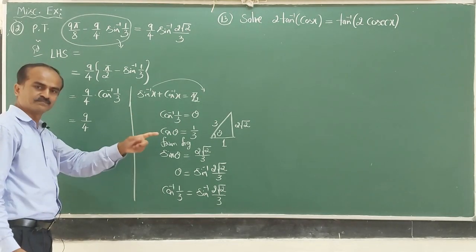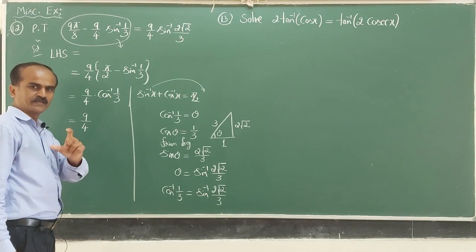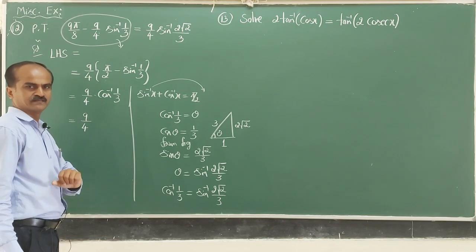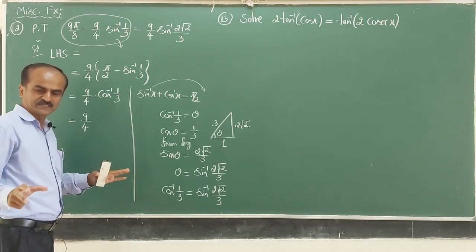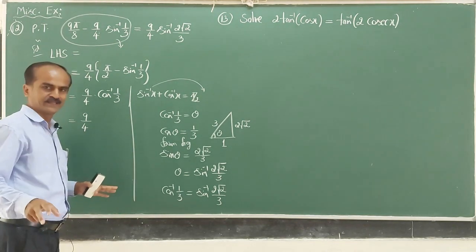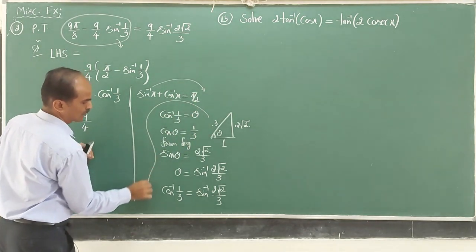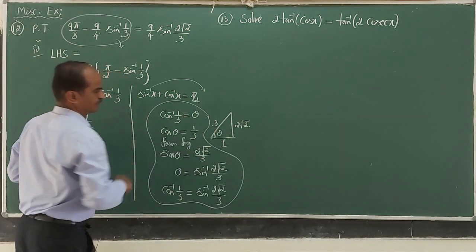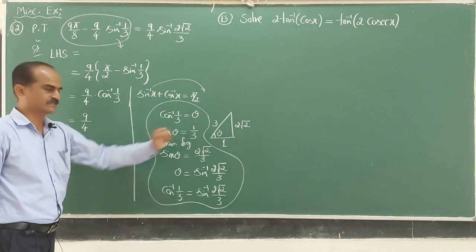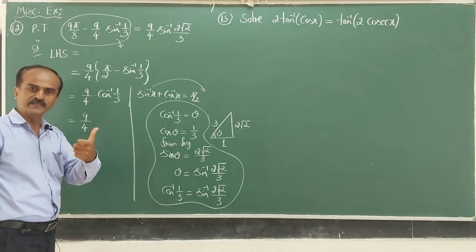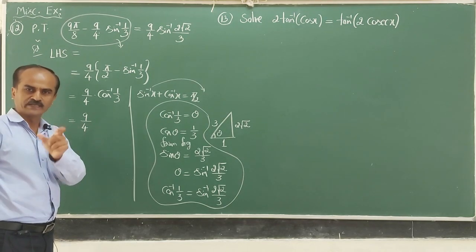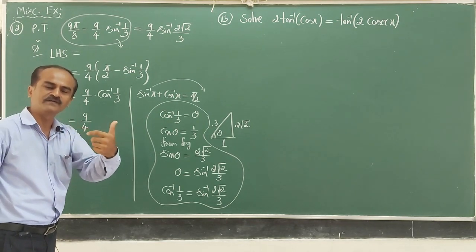This kind of example we already did, to write one inverse trigonometric function in terms of the other. If you practice well, when you know all the details, later you can avoid writing anything. By simply drawing that right angle triangle, you will be able to express one inverse trigonometric function in terms of any other.